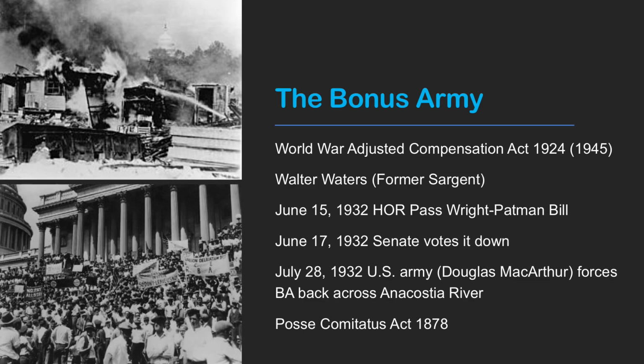Well, these veterans wanted pensions. That war came to an end in 1918, so there was a lot of back and forth over the following years. When Calvin Coolidge is president, Congress finally passes this World War Adjusted Compensation Act. They would get a bonus, a pension, in 1945.